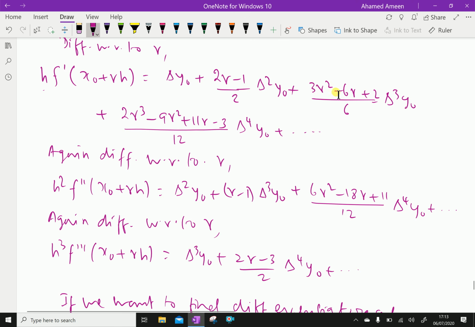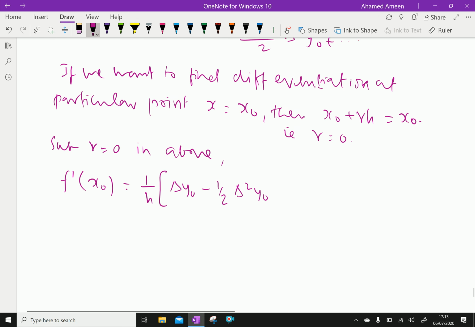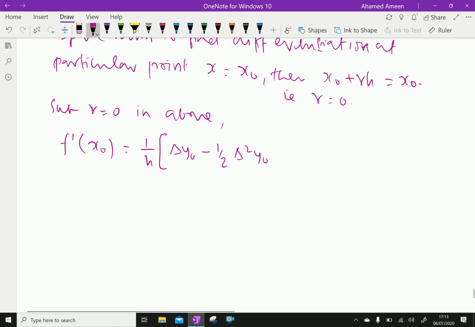Here also r equals 0 means this term is 0, this term is 0, 2 by 6, 1 by 3. Here also putting r equals 0, we have minus 3 over 12 delta power 4 y0. Therefore the first derivative becomes delta y0 minus half delta square y0 plus 1 by 3 delta cube y0 minus 1 by 4 delta power 4 y0 and continuing terms. Alternatively, the plus and minus signs change here.